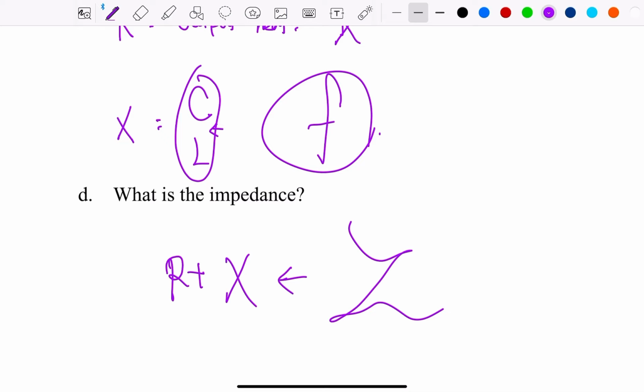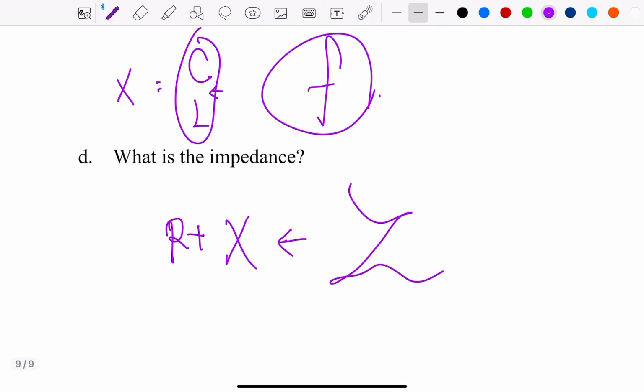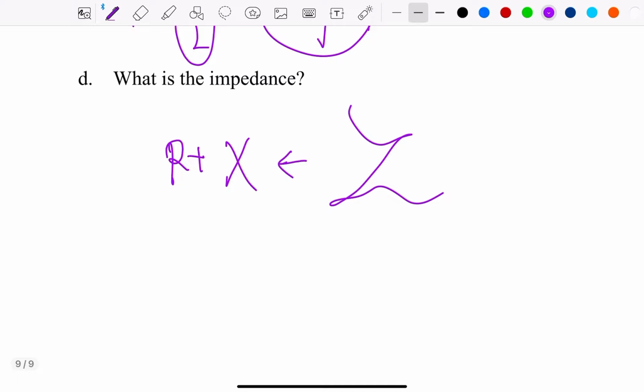Okay? So this is just a definition of the impedance, and impedance must be used to calculate the current in a reactive circuit where the supply voltage is known. Yeah, I think that's enough.